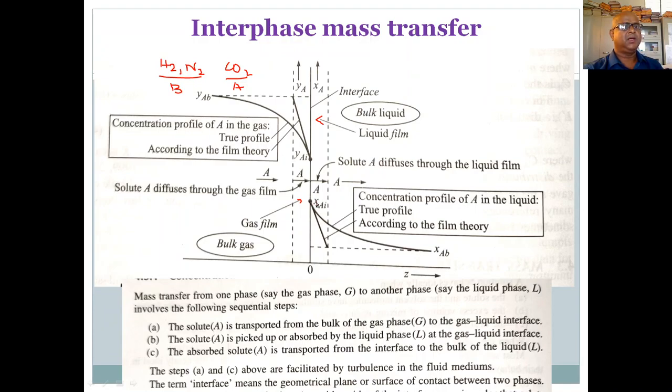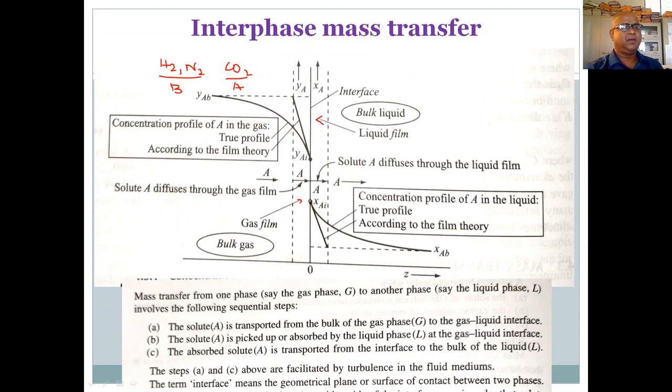This is the concentration of A at the interface on the liquid side, and YAI is the concentration of A at the interface on the gas side. But if you note this, it is not that YAI equals XAI. I will come to in detail why it looks like that.